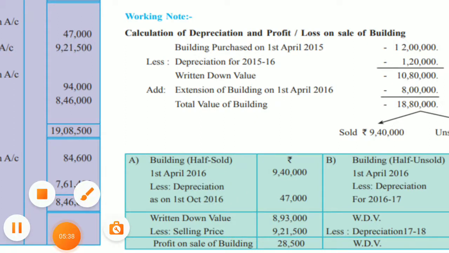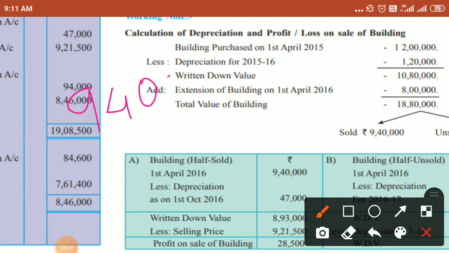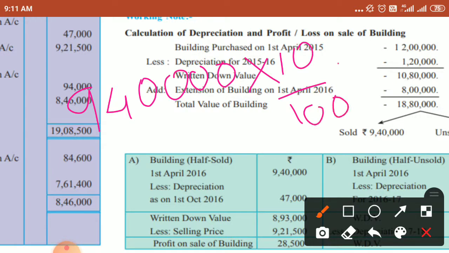On this we have to calculate depreciation. The depreciation will be till 1st of October. So let's calculate: 9,40,000 multiplied by 10 upon 100, multiplied by the months used, that is April, May, June, July, August, September. October won't come because the sale is on 1st October. So till September it is 6 months.